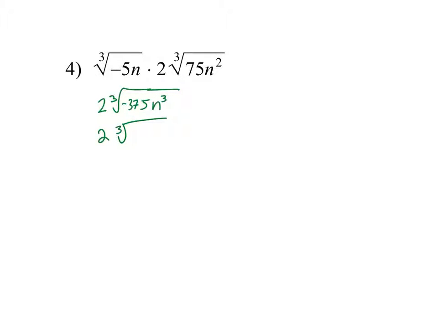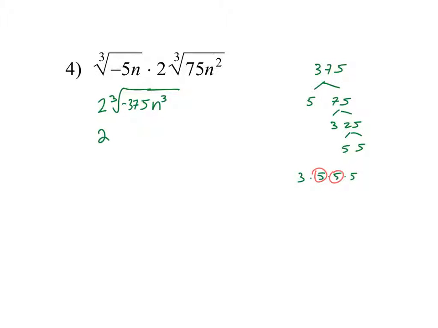cubic root of, let's simplify 375. So 375, we multiply 5 times 75. This is 3 times 25, and 5 and 5. So that means that I have 5 times 5 times 5 times 3.